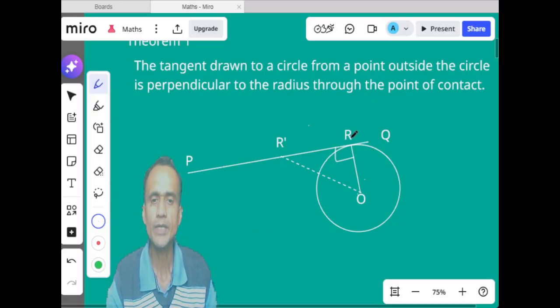So let us assume that this is not 90 degrees, and we have another point R dash such that it makes an angle of 90 degrees.